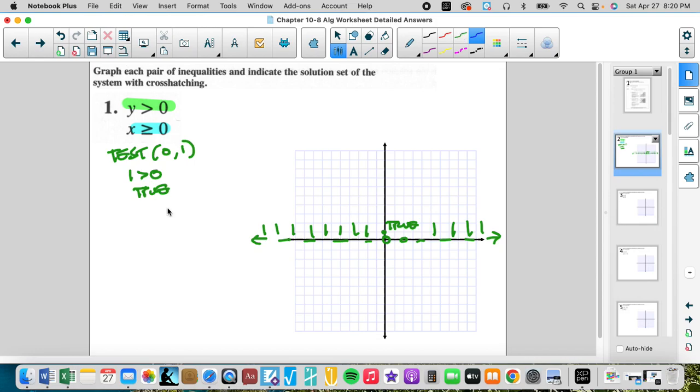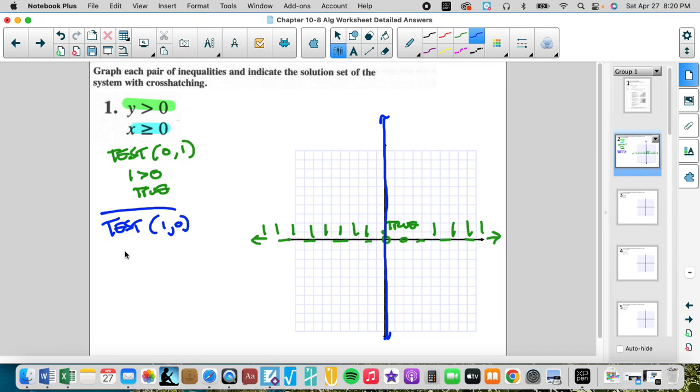We'll just keep it. X is greater than or equal to 0. So where is x equal to 0? It's right on it, and it's going to be a solid line. It's going to go through that. We can't test 0, so we will test 1, 0: 1 on the x, 0 for the y.